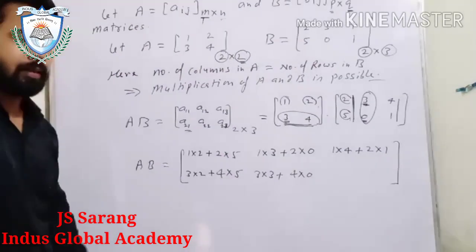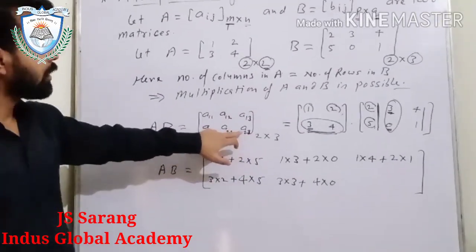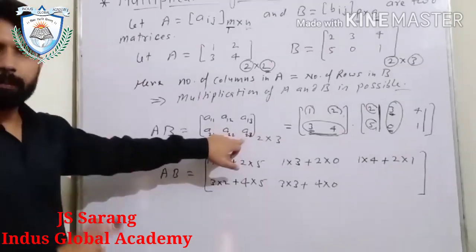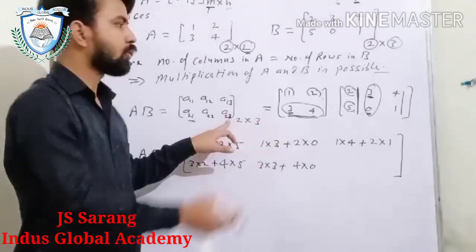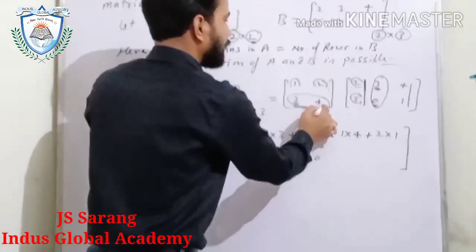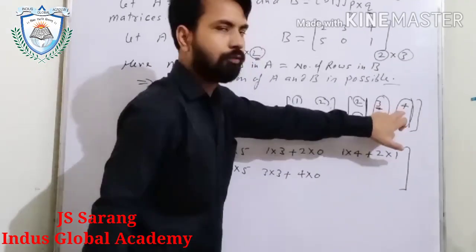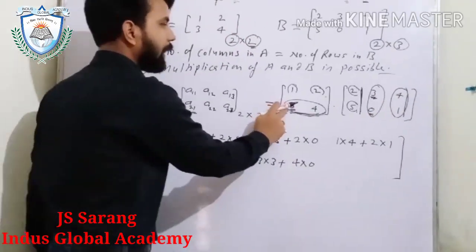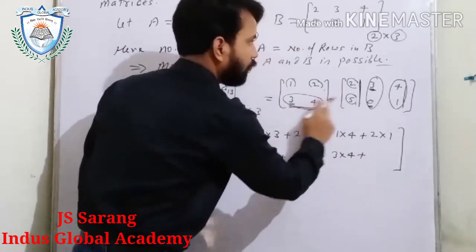Got it? Now the last element is A23. A23 stands for second row of the first matrix and third column of the second matrix. So the second row of the first matrix is 3, 4 and the third column of the second matrix is 4, 1. So we will have to multiply them: 3 into 4 plus 4 into 1.